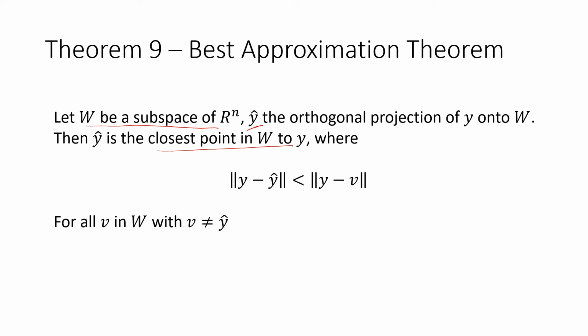You can kind of see it in 3 dimensions, but if you have a subspace of your Rn, however big Rn is, that Y hat is the closest point that you can get to your Y and still be in your subspace.